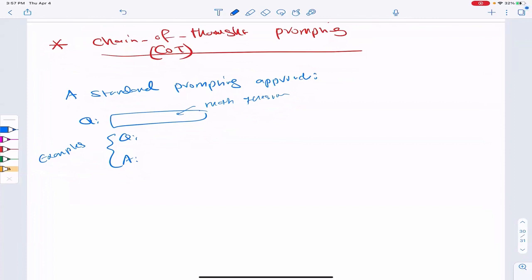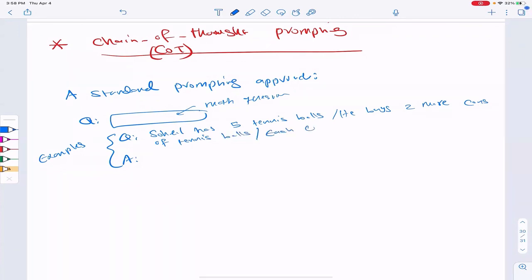Okay, I'll use my own name. Soheil has 5 tennis balls. He buys 2 more cans of tennis balls. Each can has 3 balls.